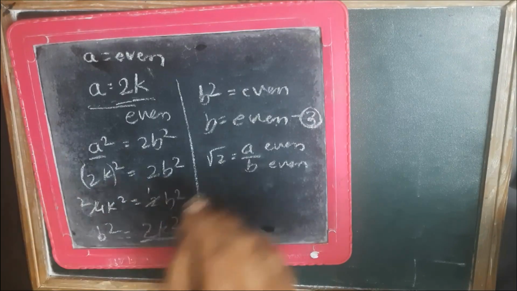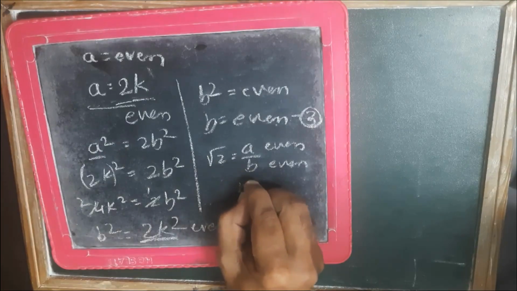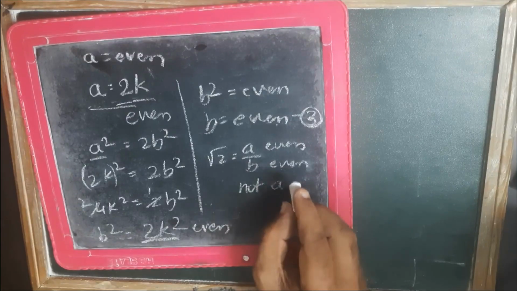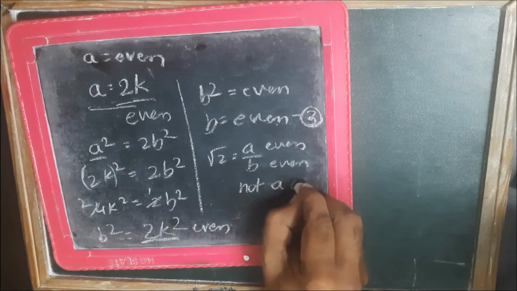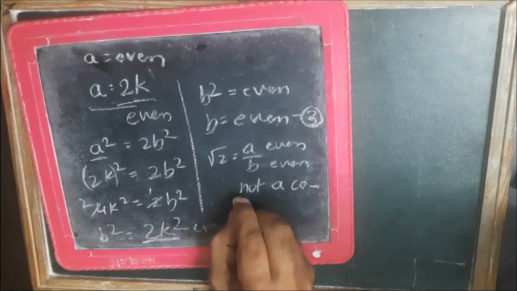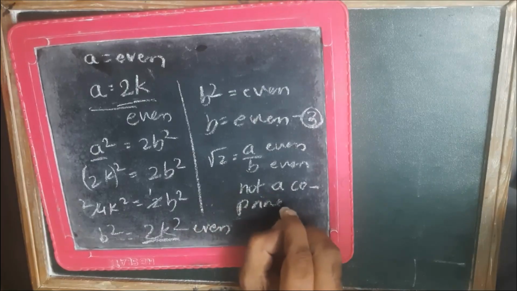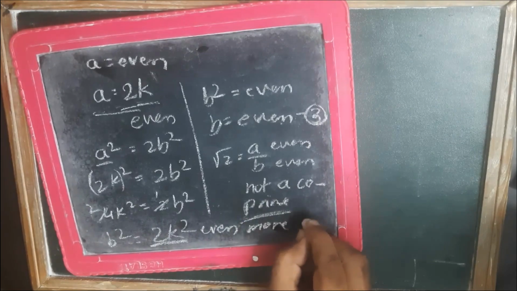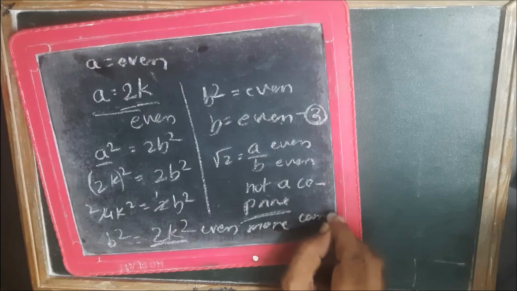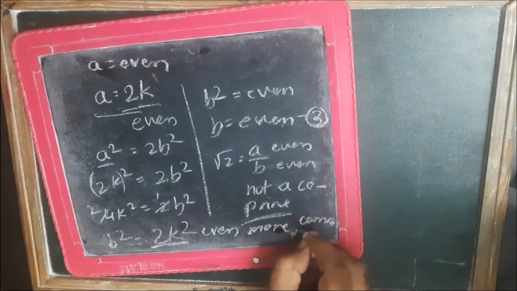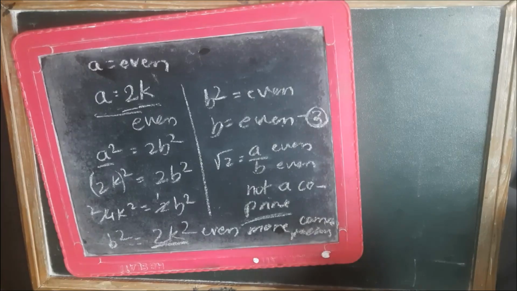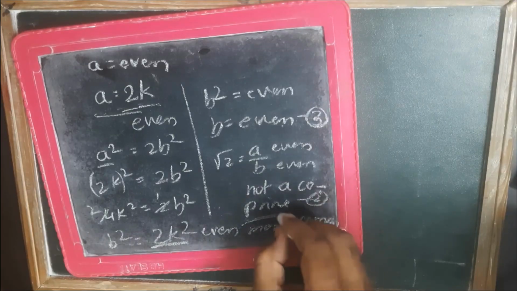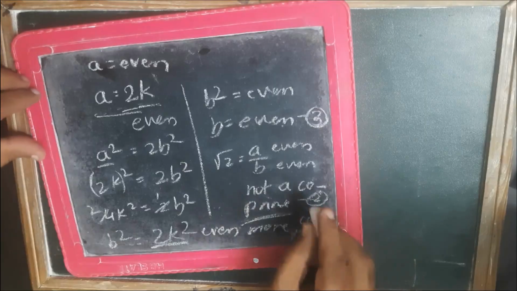So if there are more common factors other than 1, then we can say this is not a co-prime. That means this will have more common factors. So we can say that this is a contradiction, not a co-prime, statement number 4.